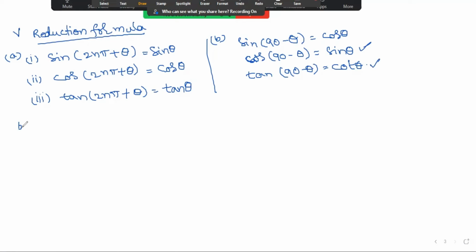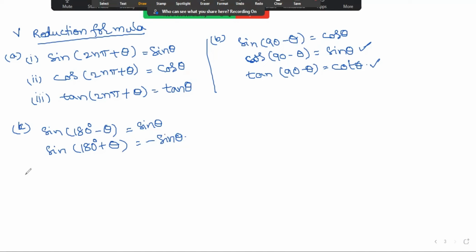Next one is sine of 180 minus theta. Whenever we write 180 minus theta, it is sine theta. If we write 180 plus theta, this will be minus sine. Like this, we can write for 180 plus, minus and all other things. We can get them from any standard textbook, so you can check yourself.